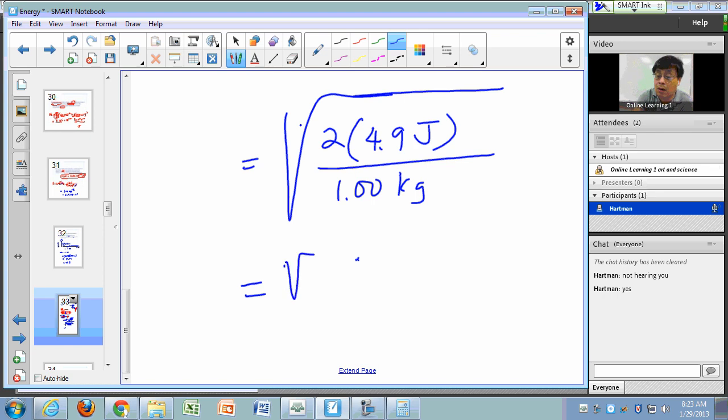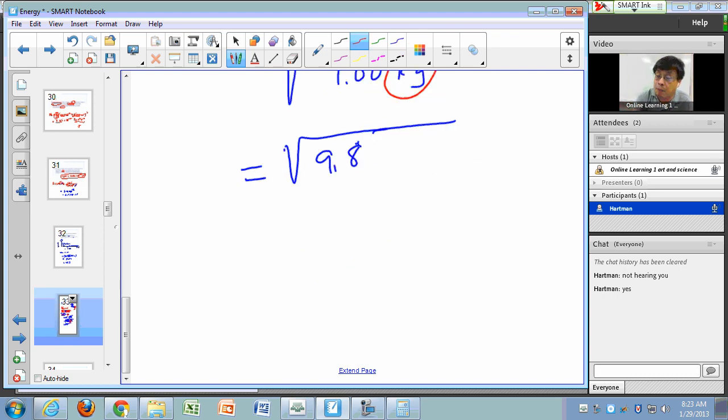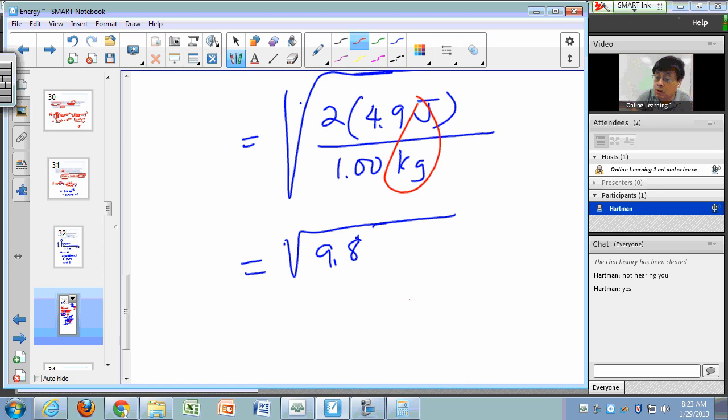That's going to be the square root of 9.8. And let's see what happens to these units in here. Joules over kilogram, okay? A joule is a kilogram meter squared per second squared. Divide that by kilogram, kilogram cancels out. So joules over kilogram is just meter squared per second squared.